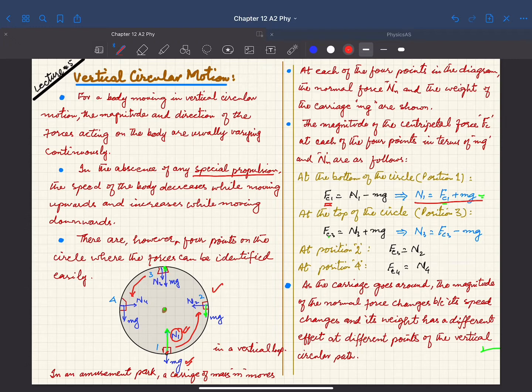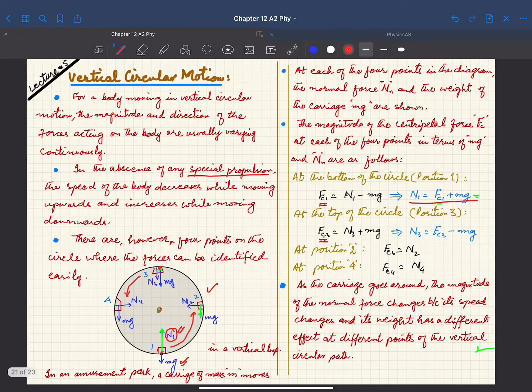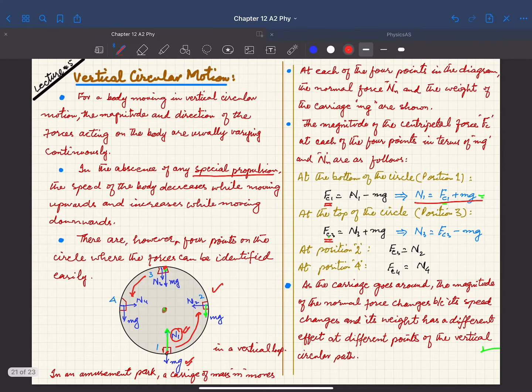When the body is moving upward, I have taken this point at the highest point, or the top of this circle. At the top we again have the centripetal force, which is towards the center of the circle, which we have taken as Fc3. In this case both the forces, the contact force and the weight, are acting downwards.